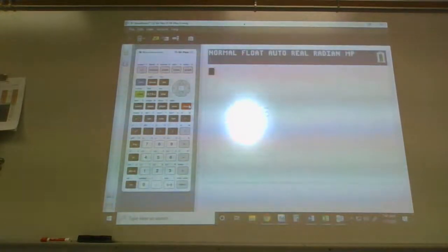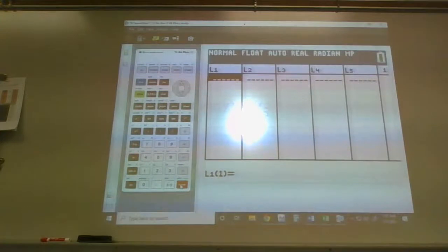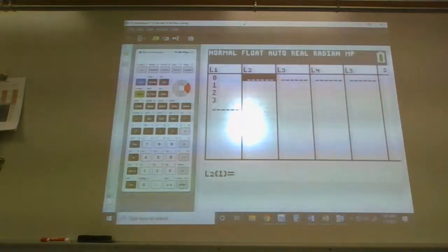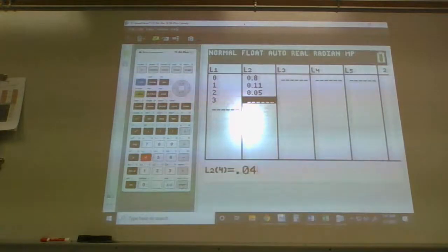We figured out last time how to do this properly. You will need to enter your data into your list, stat edit. I'm going to type in a 0, a 1, a 2, a 3. Then a 0.80, a 0.11, a 0.05, and a 0.04.